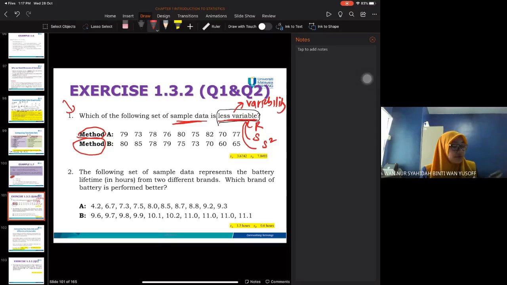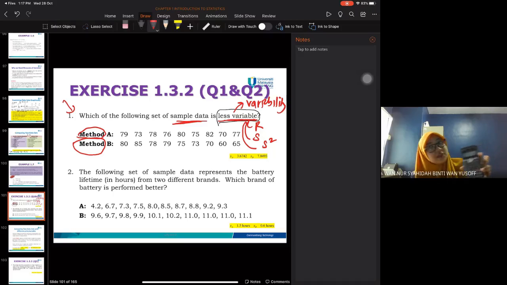Before you key in anything, clear and reset everything in your calculator. If not, the data will be mixed. If you use this kind of calculator, go to the mode until you have SD, so SD number 1. Press 1.